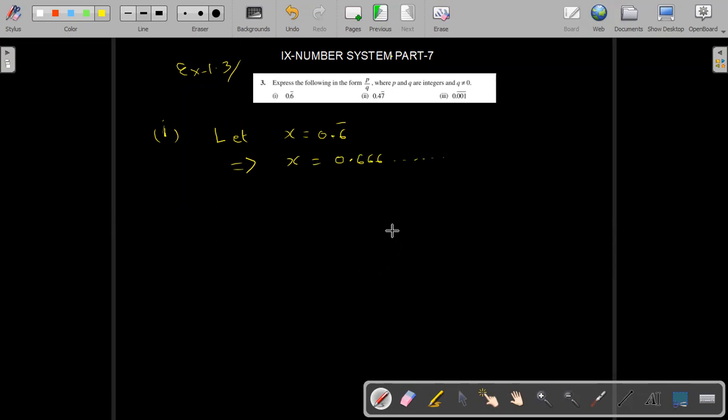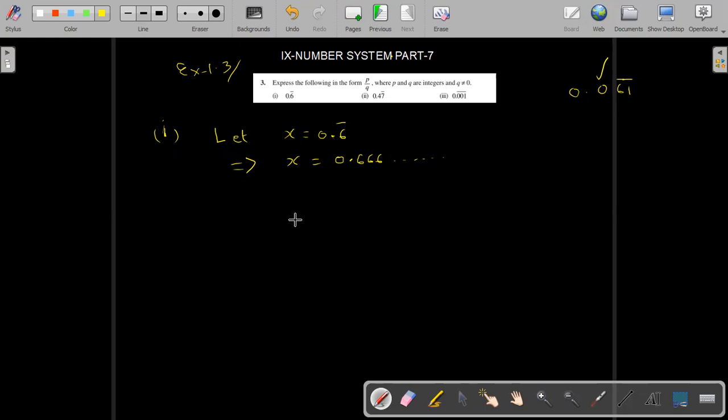Now, here there is no number at the start which is not repeated. Sometimes you will get numbers like 0.06 repeated, with only 666 after the 0. Sometimes 61 is repeated after some numbers. That means before the repeating part there may be some numbers which are not repeated. In that case, you have to bring the decimal to this side first, and then you will start.